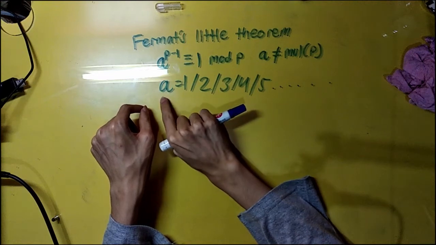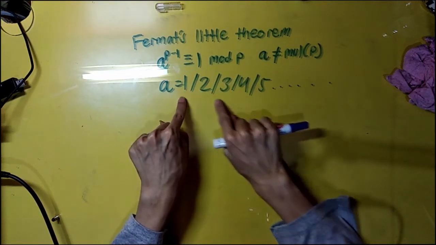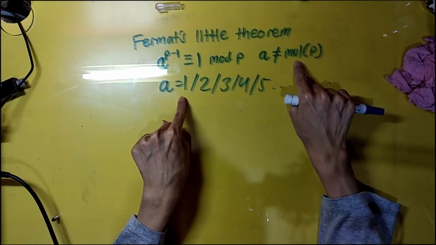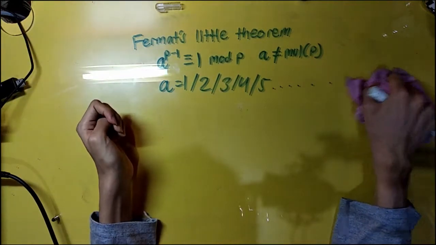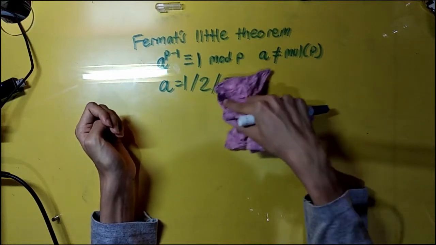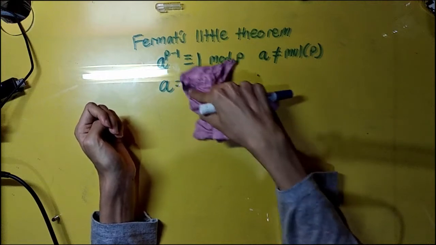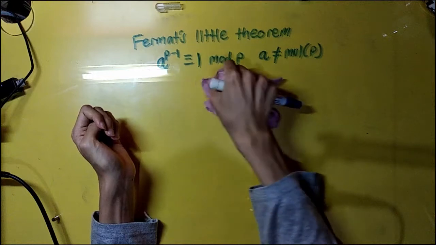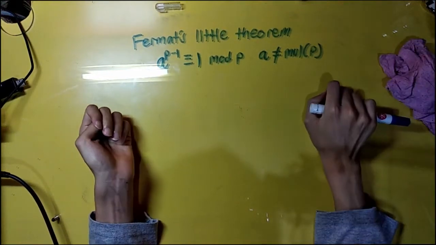So the solution for a is all these numbers except anything that is a multiple of p. That is how you algebra things out if you think of things algebraically. If you think of a as a question, you can think of a as a solution too, and you can find a way to figure out a solution. And that is what we are going to be doing throughout the course of multiple videos.